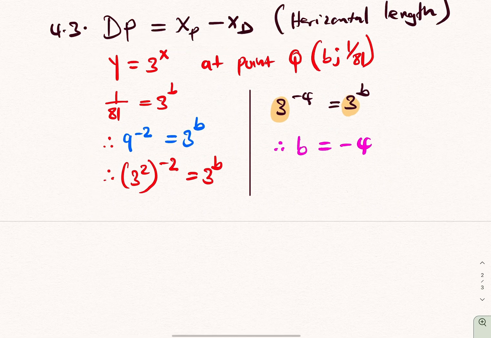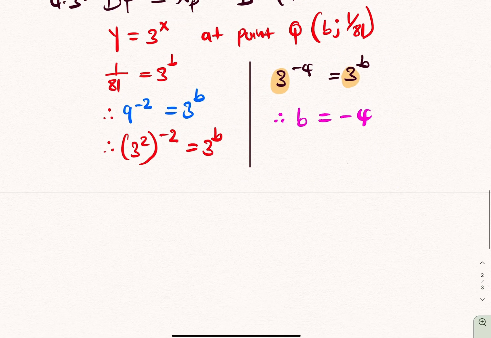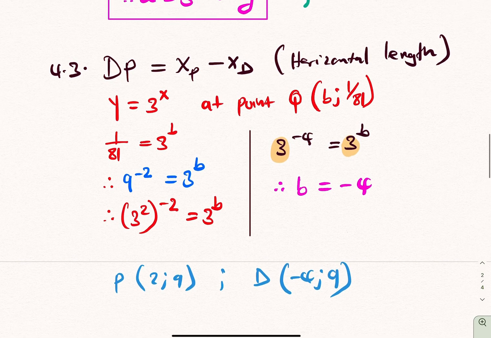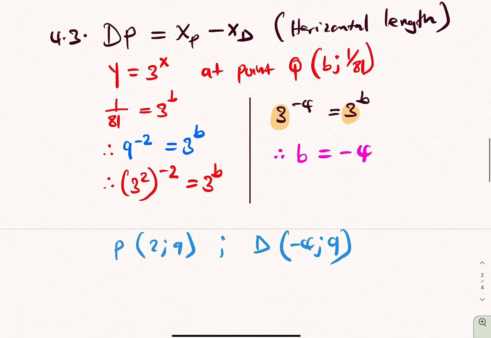So let me reduce this situation here. It means now the point P was (2, 9), and then the point D, you now have your B. So your D is (-4, 9). Remember that. So this one is the horizontal length.